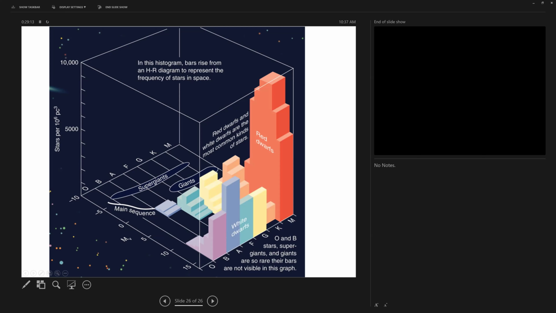So that's interesting. And the vertical number up here, 10,000 stars per million cubic parsecs. The red dwarfs there would have about 10,000 of those stars per million cubic parsecs.